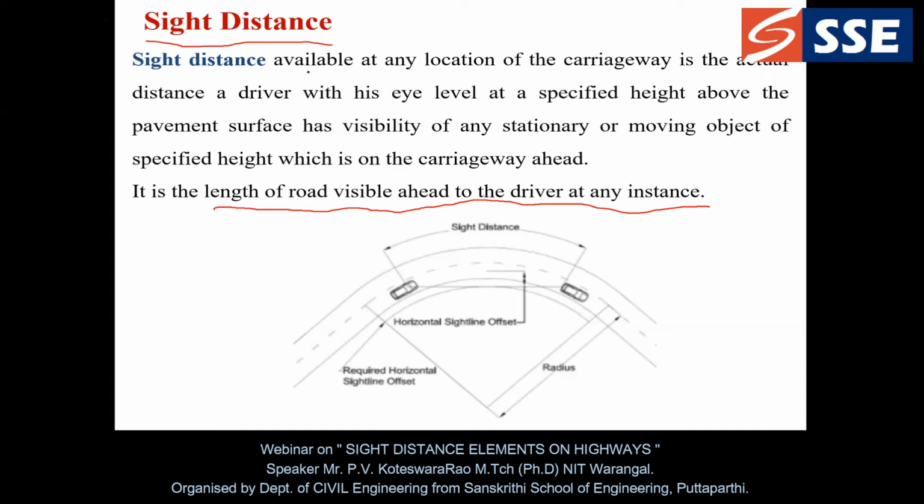It is the actual distance along which a driver, with his eye level at a specified height above the pavement surface, has visibility of any stationary or moving object of specified height which is on the carriageway ahead.